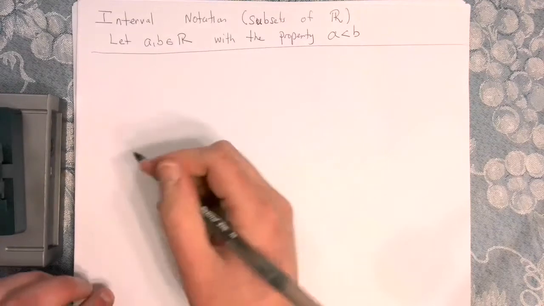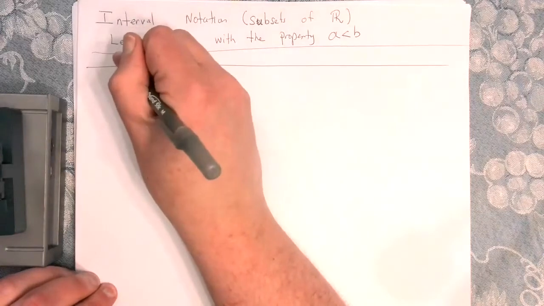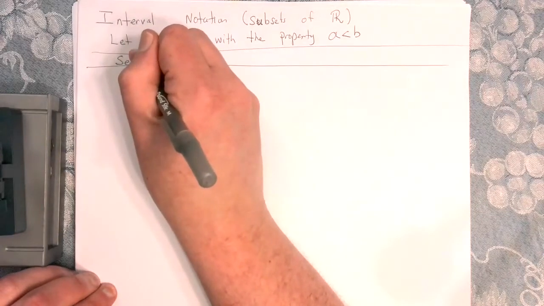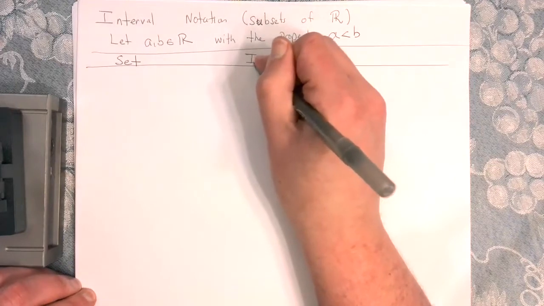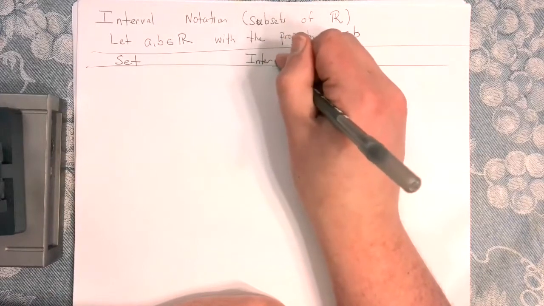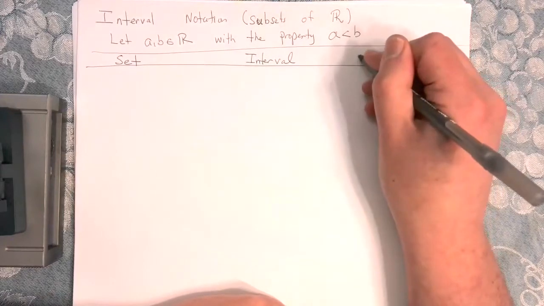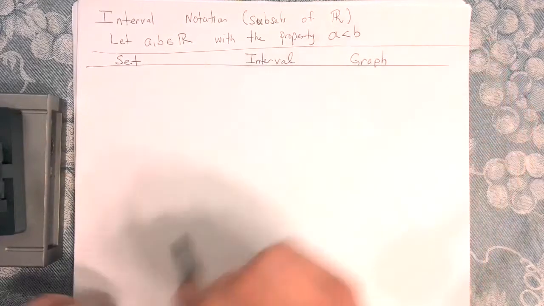Okay, so now I'm going to sort of divide this up. I want to talk about a particular set in mostly set builder notation. Then I want to talk about how to express that set as an interval or in interval notation. And then what does this look like geometrically, or what does the graph look like?